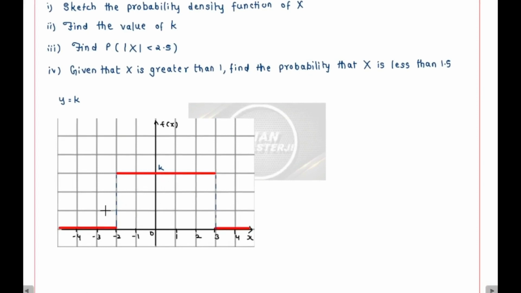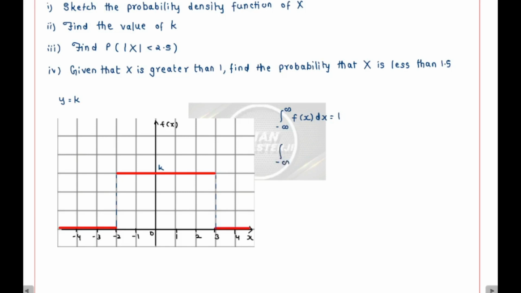As we know that the area under the graph has to be equal to 1. Correct? So that means I can integrate f of x from -infinity to infinity, that is for all real values of x, and this integration has to be equal to 1. Correct? But I can split this interval from -infinity to infinity into 3 parts.